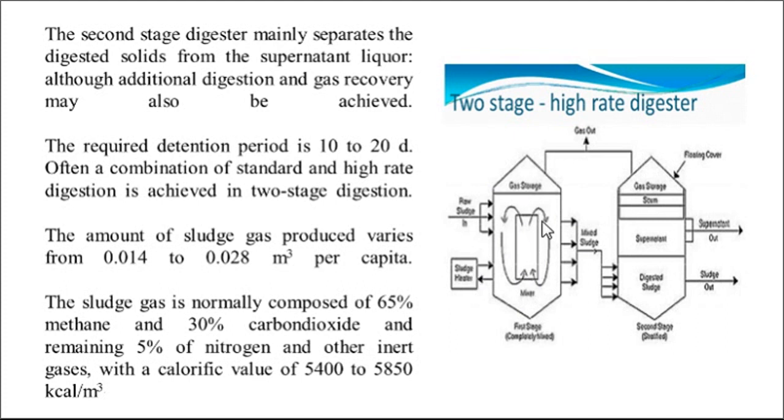Then the total content is taken to the second digester, where digestion again takes place, and mainly the separation takes place in the second stage, that is water as supernatant, scum and the gas. Both gases are taken out through this outlet and go for separation, because methane we have to separate from the other gases. Next one.